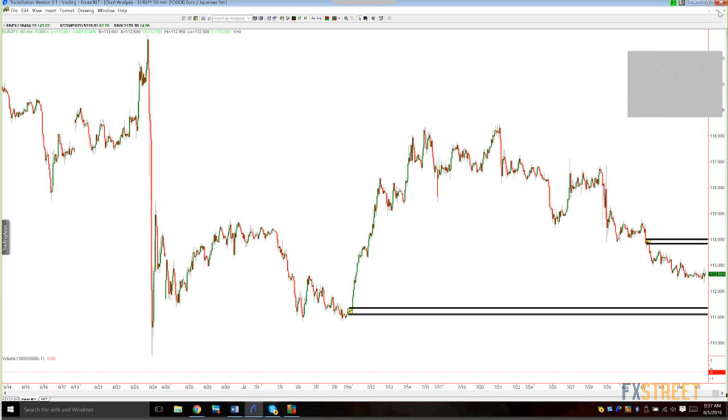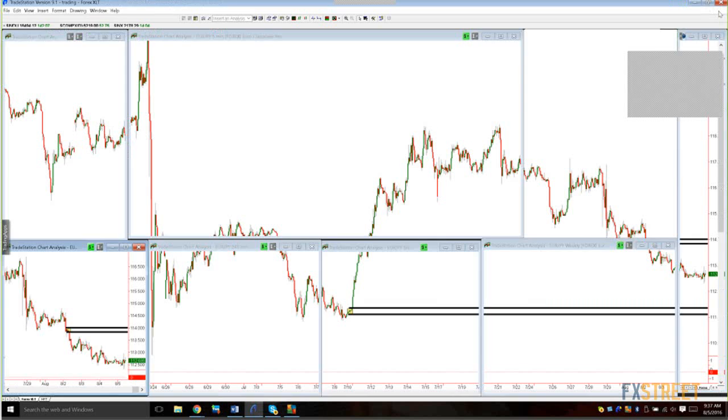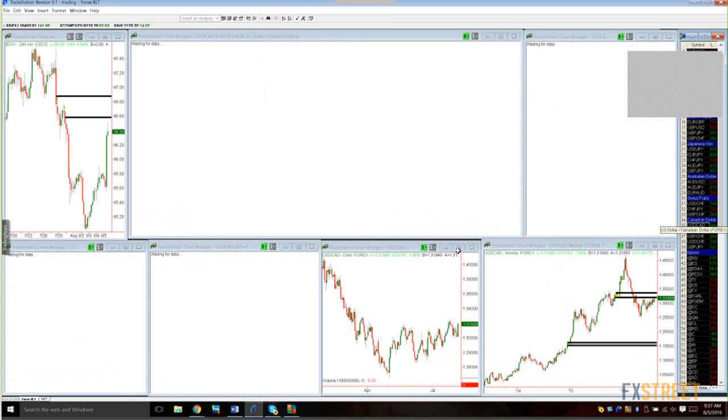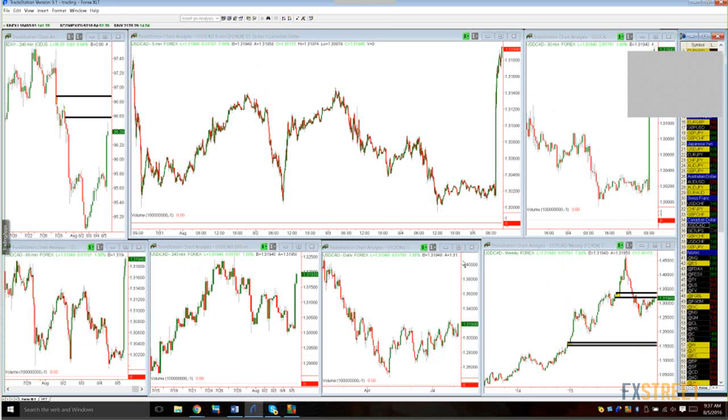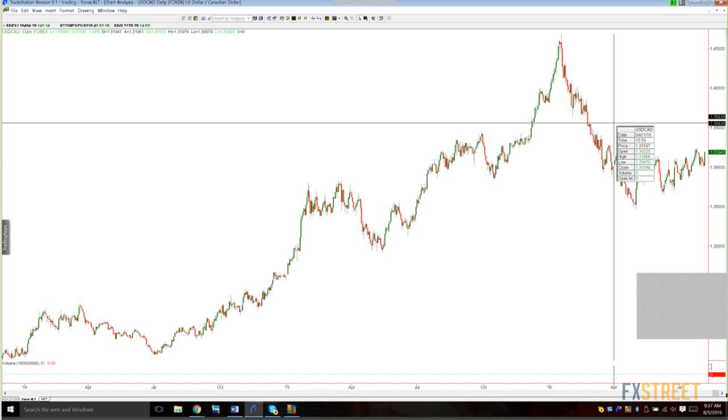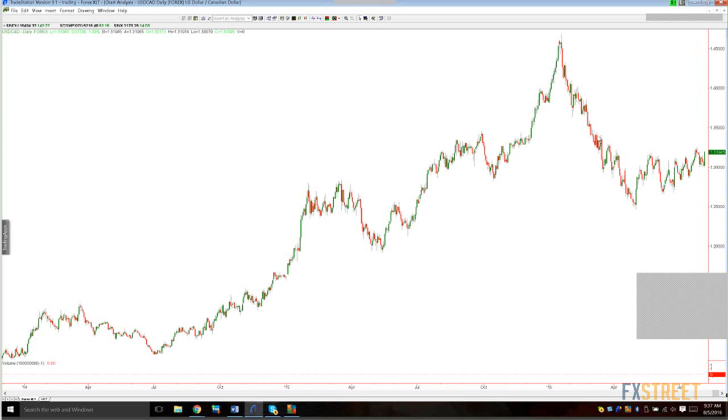Okay, that's euro yen. I also saw that there were a couple of requests for the Canadian dollar. Let's look at that. So there's the Canadian, this huge move today. On the daily time frame, we have some really nice supply above, just supply zones stacked on top of each other.